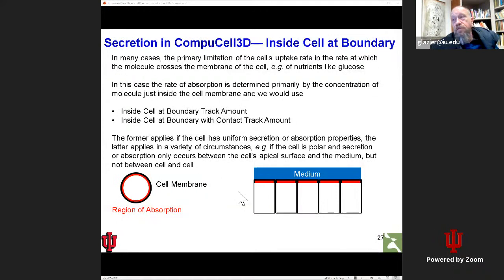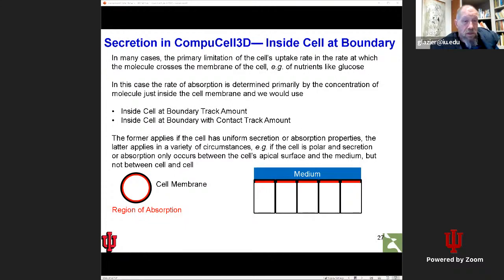And so we're going to find that it's quite useful to restrict secretion or absorption to surfaces of cells that are in contact with a specific target. So we will secrete on contact with medium or absorb on contact with medium.